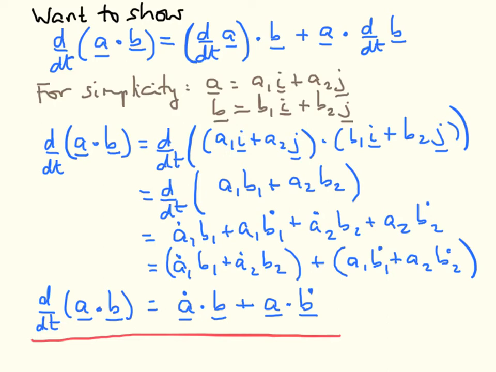So that's that result, and as I've said earlier, it's a good idea to just check that you understand how that works for a three-dimensional vector. So with that, we can go on to looking at the vector product.